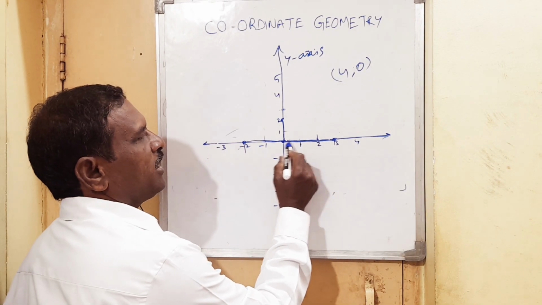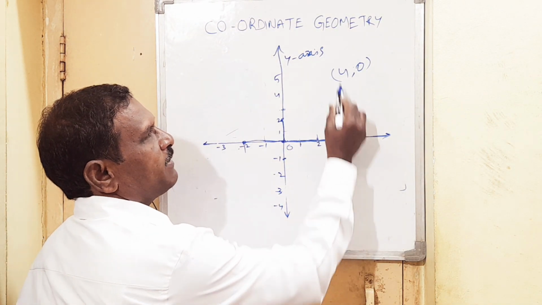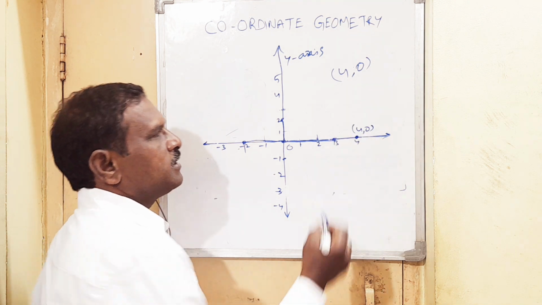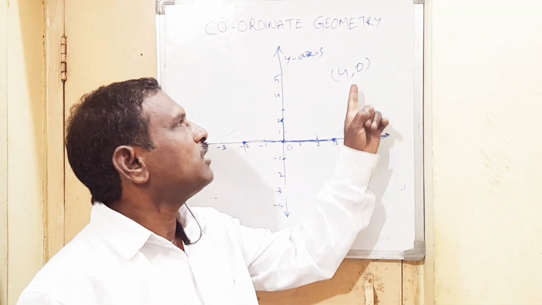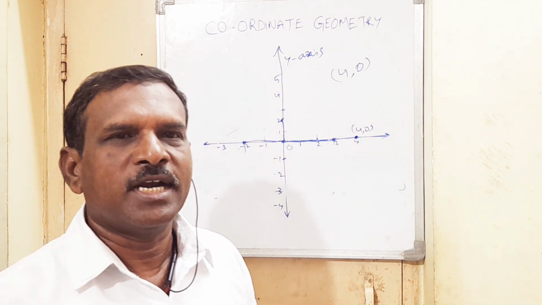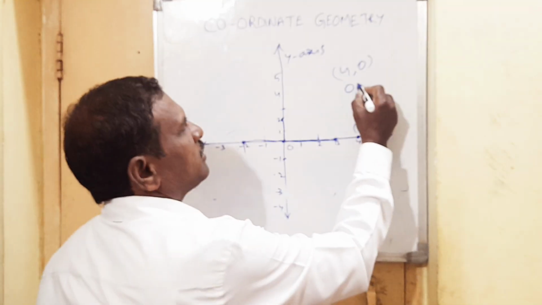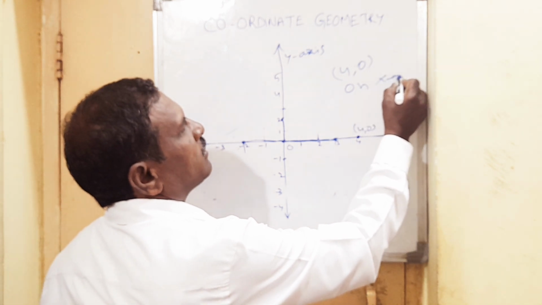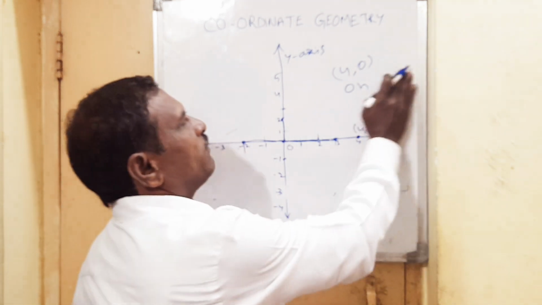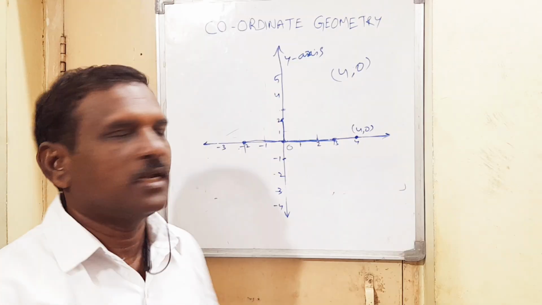From here we start and move 4 units to the right because it is plus 4, then we won't move anywhere. The point is here, it is on the x-axis. So 4 comma 0 belongs to none of the quadrants. The point lies on the x-axis. It does not belong to any of the quadrants.